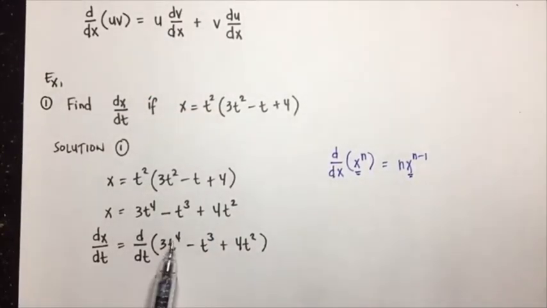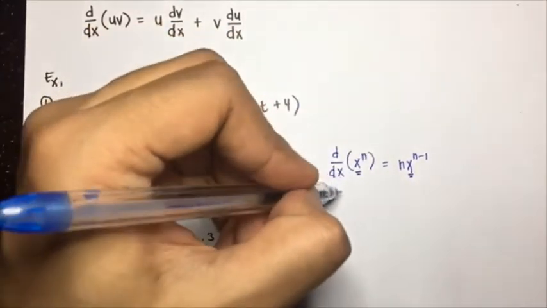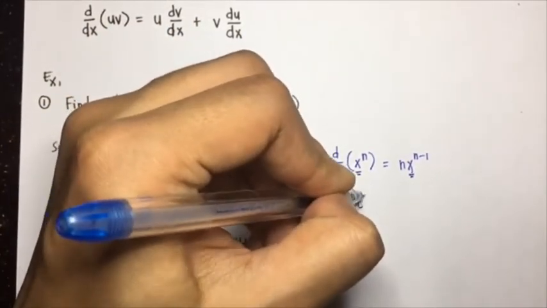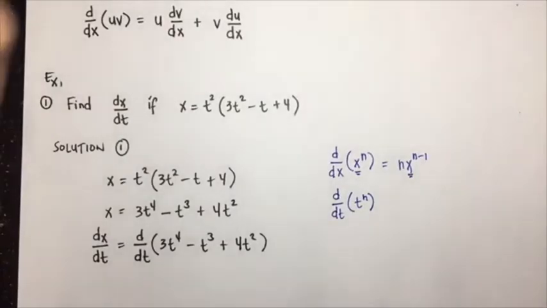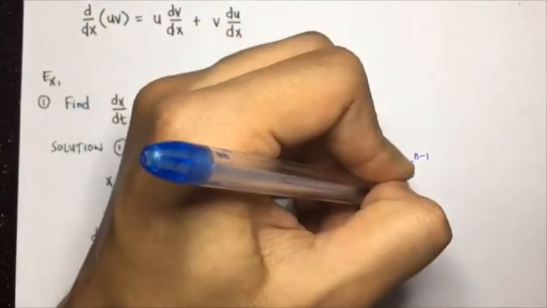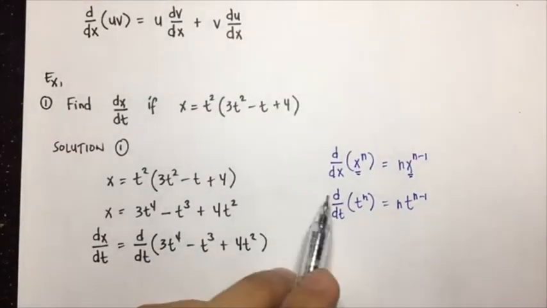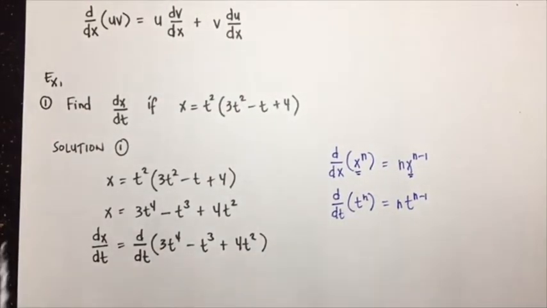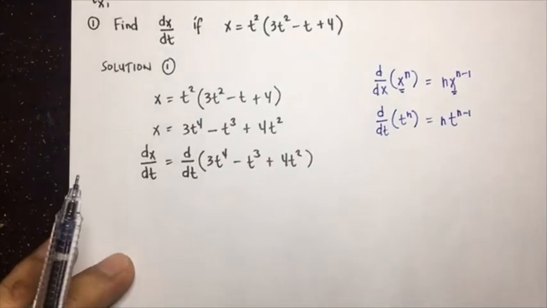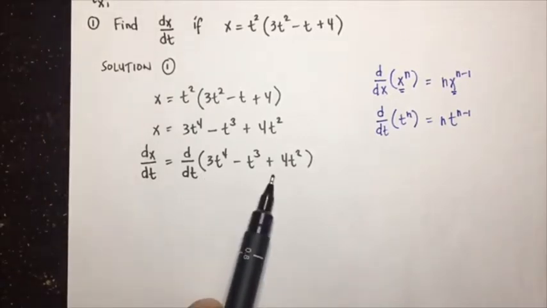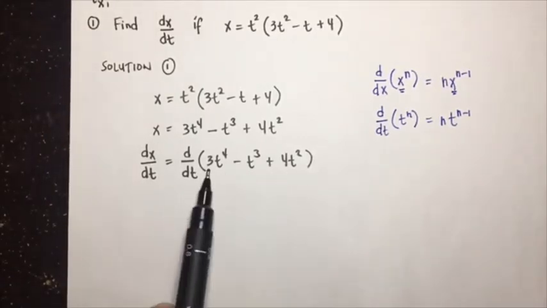In this case, we are deriving with respect to t, so the derivative with respect to t of t raised to n is equal to n t raised to n minus 1. It doesn't matter what variable it is, so we can still apply the derivative of powers. So let's differentiate each term.